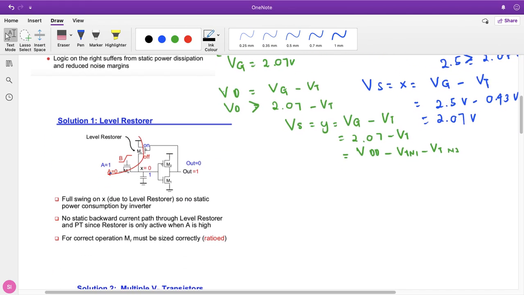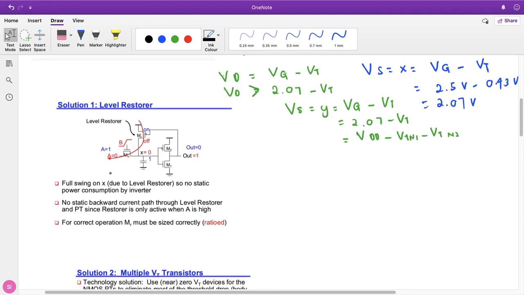In order to avoid that problem, three solutions have been introduced. First is a level restorer. This level restorer is to store the data of output X with a strong 1. So whenever this one is turned on, X is tied to 2.5 volt or VDD.